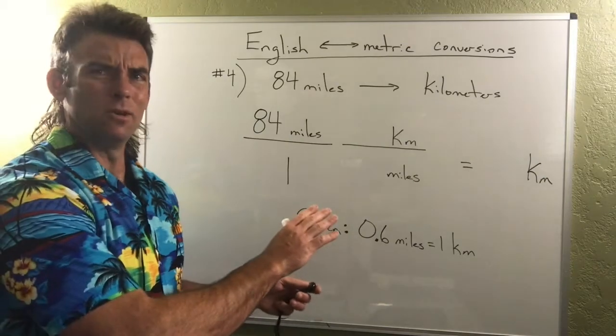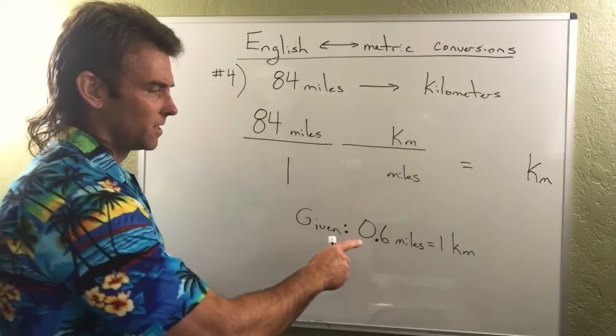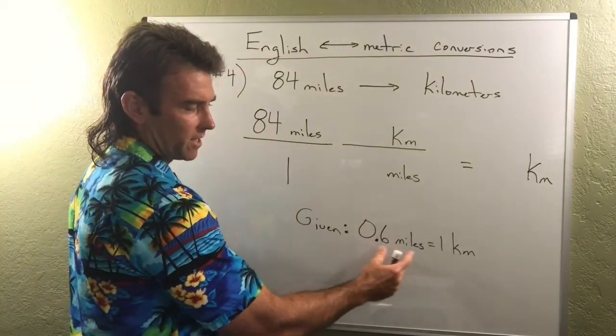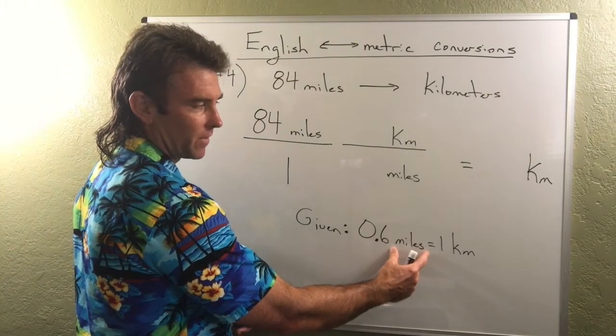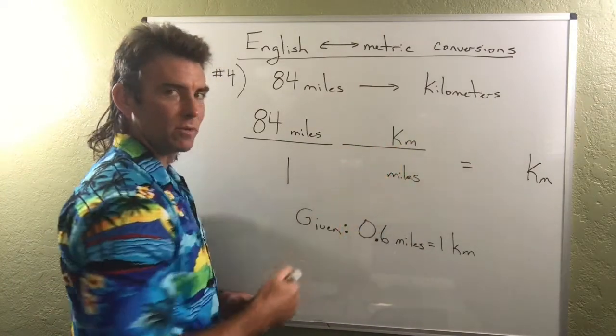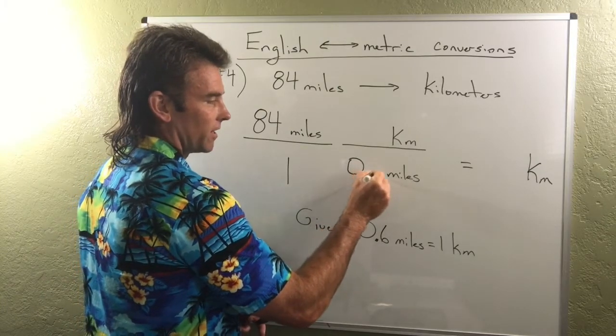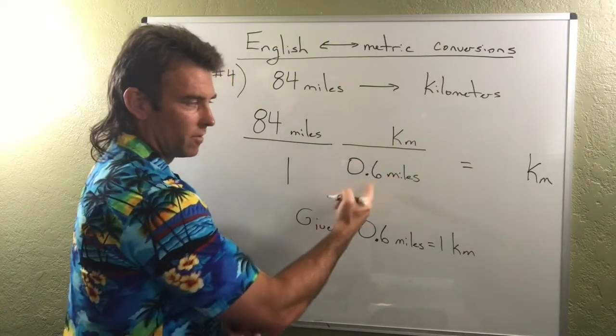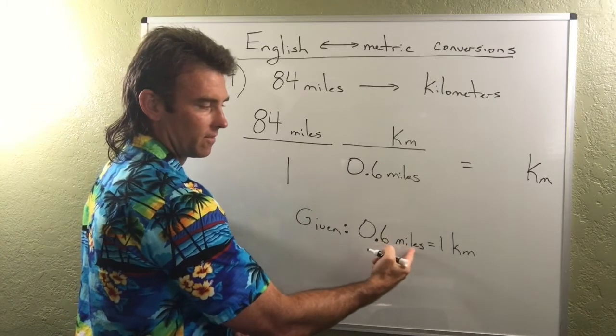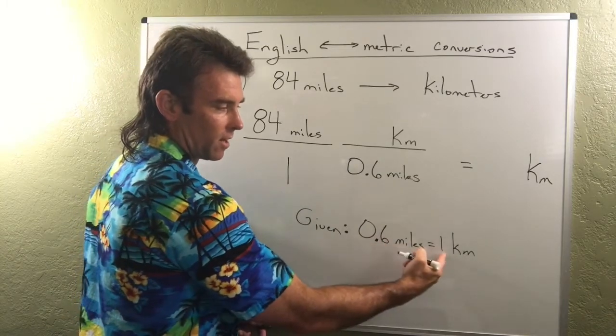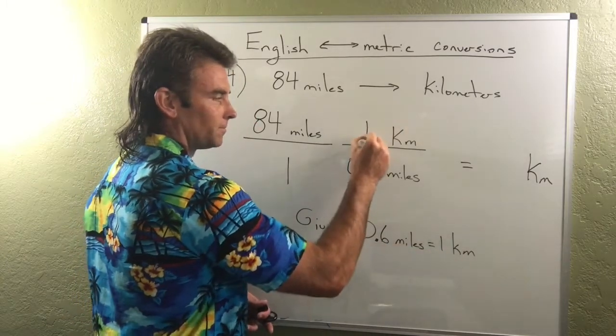Just do what the numbers tell you you're supposed to do. So you see that this 0.6 goes with miles, and assuming you've set up your conversion factor properly, those just copy directly over. So we've got 0.6 miles: 0.6 goes with miles, 1 goes with kilometers.